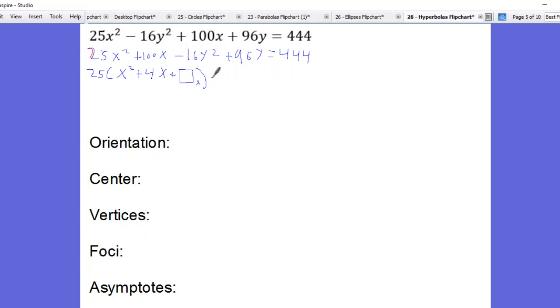And then we factor out a negative 16. What's left is y squared, and 96 divided by 16 is 6. So that's y squared, and because we factored out a negative 16, that's y squared plus 6y.